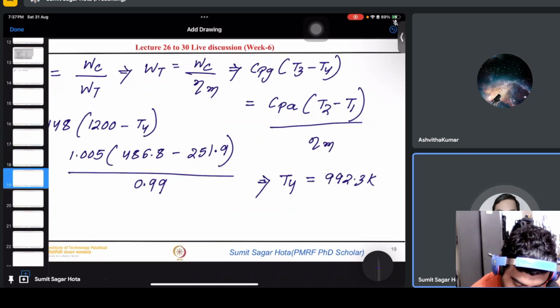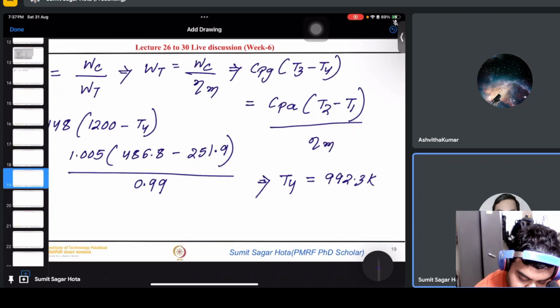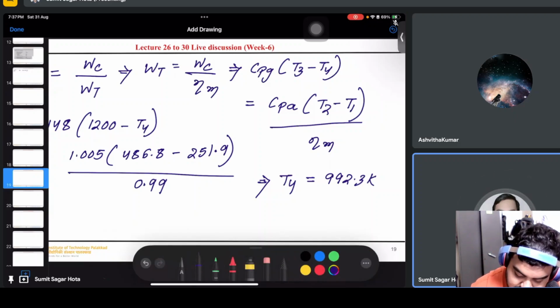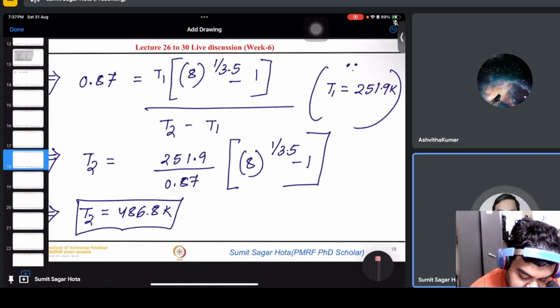So there is one thing, okay, I actually made a mistake, so you should not make the same mistake. Here, if you see, T2 minus T1 is there, and whatever the T2, I directly considered the actual T2.